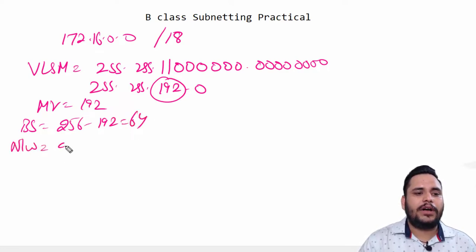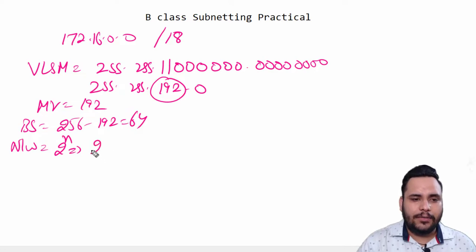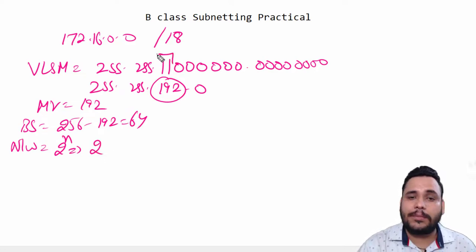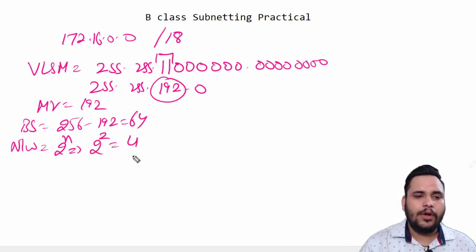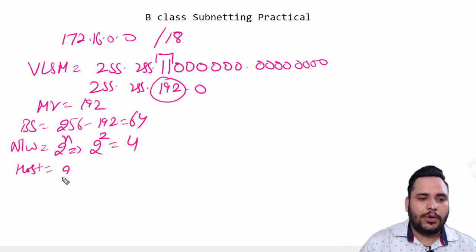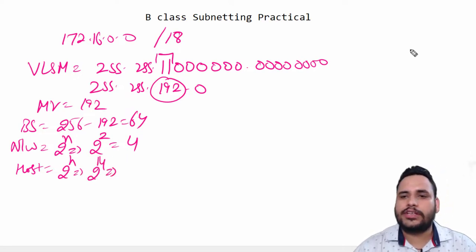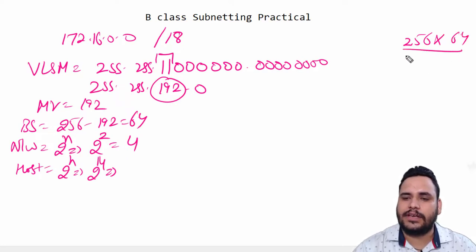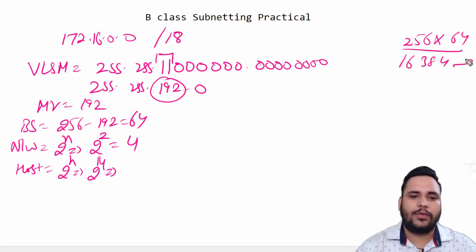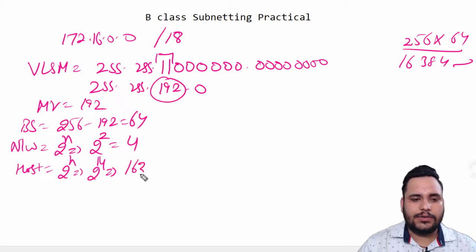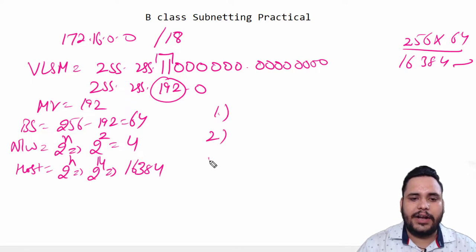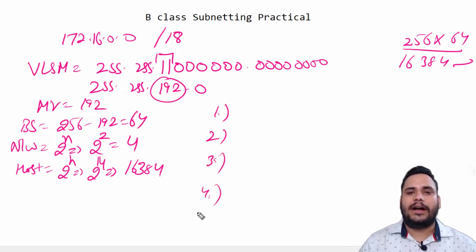Number of networks is 2 raised to power n. We have used 2 bits for subnet ID, so 4 networks, and hosts are 2 raised to power h, which is 14. So 2 raised to power 8 is 256, multiplied by 64 gives 16,384 IPs. So the network is divided into 4 parts.